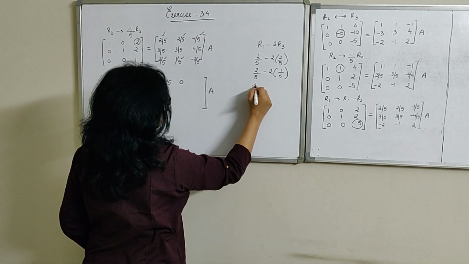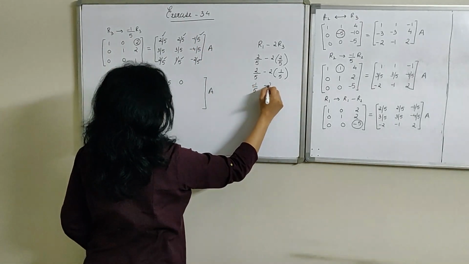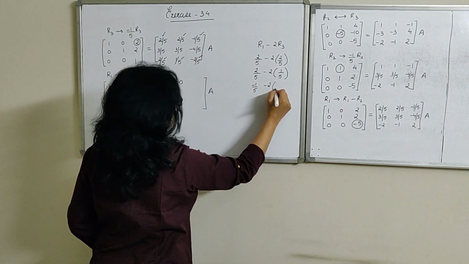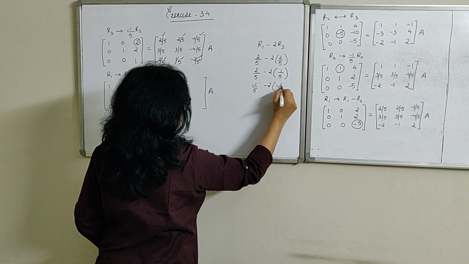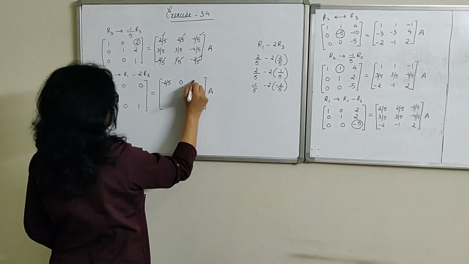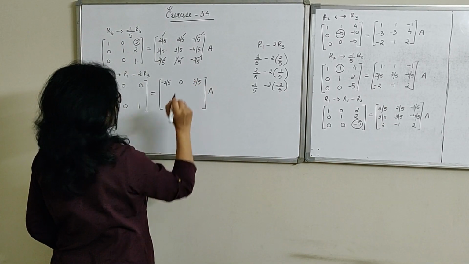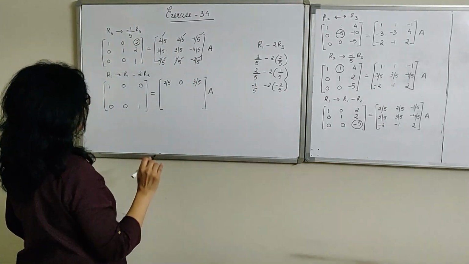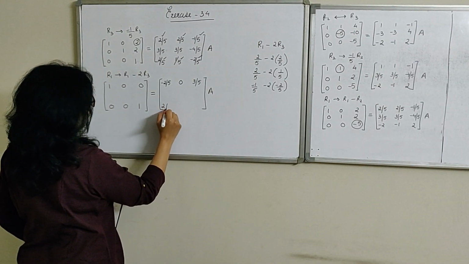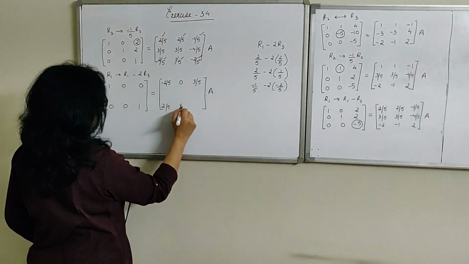Next element, minus 1 by 5 minus 2 times minus 2 by 5. This gives us 3 by 5. So the first row has been obtained. The third row does not change.